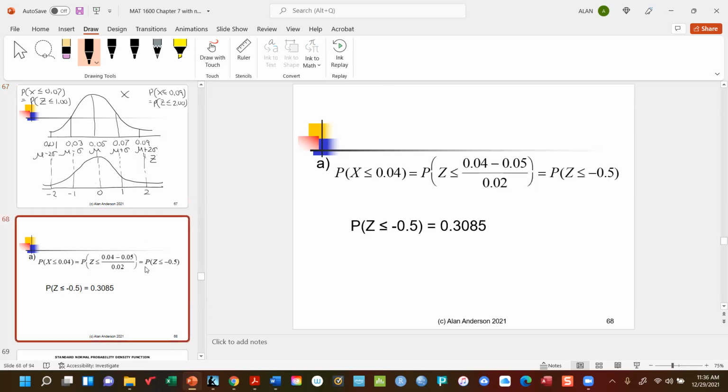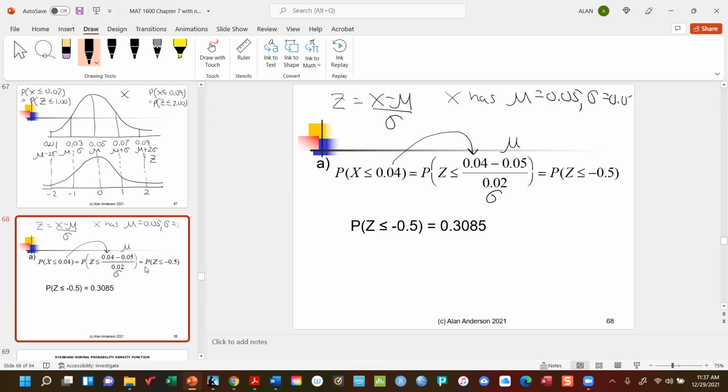So for example, in part A, the probability that X is less than or equal to 4%. Remember the formula is Z equals X minus mu over sigma. So this 0.04 is what you were given. This is the mean, and that's the standard deviation. Remember, X has a mean of 0.05 and a standard deviation of 0.02.